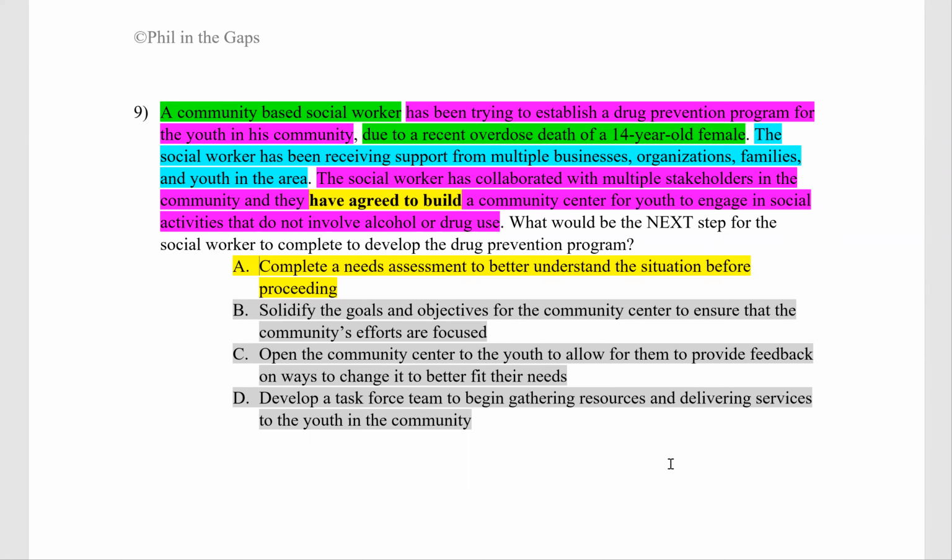So this particular situation would be a needs assessment. What particularly do we need to build this community center? Who's going to pay for what? And how can we get the job done? So for that reason, the correct answer here is A. That's how we look at that question in particular.